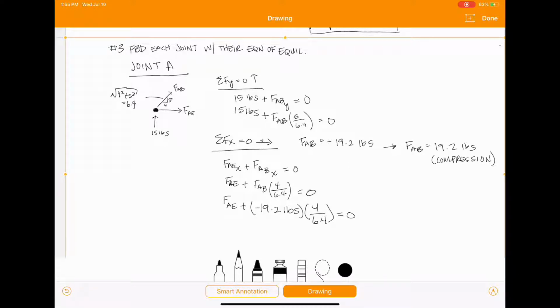So now we can solve for FAE, which I get as 12 pounds. Positive, so we know that this is in tension.